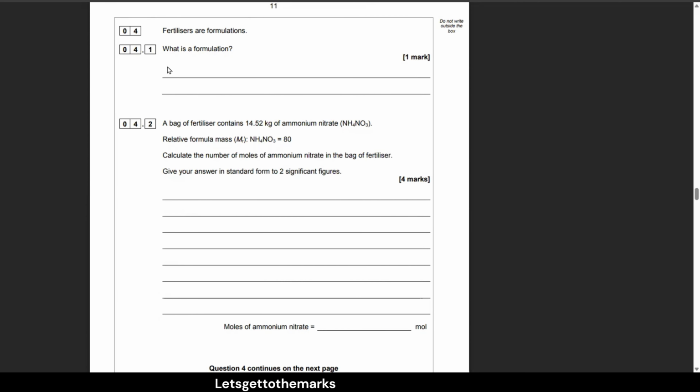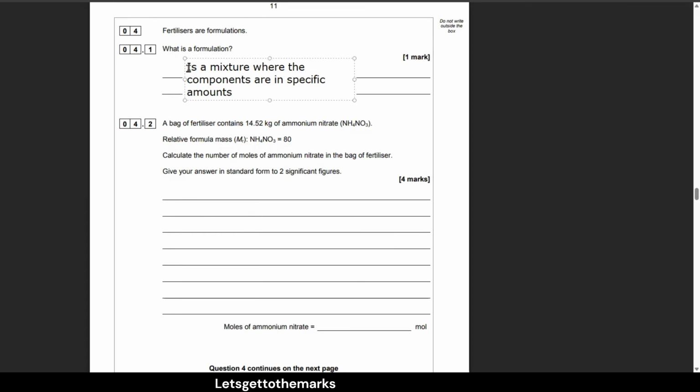Fertilizers are formulations. What is a formulation? If you think of crude oil, which is a mixture of different hydrocarbons, crude oil is not a formulation because it's a natural mixture that you find out there and you haven't really planned what different things are going to go in there. Whereas a formulation is a mixture where the components are in specific amounts.